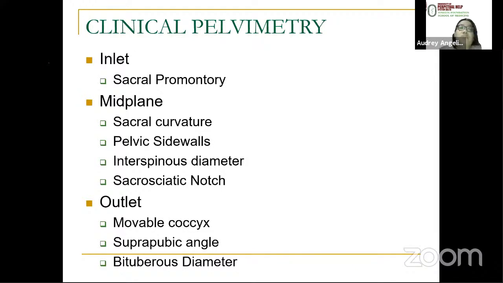Your midplane would be a hollowed sacral curvature, parallel side pelvic side walls, interspinous diameter, and sacrosciatic notch could admit 1 to 2 finger breadths. Your outlet should have a movable coccyx, suprapubic angle of more than 90 degrees, and your bituberous diameter should admit a fist. Okay?